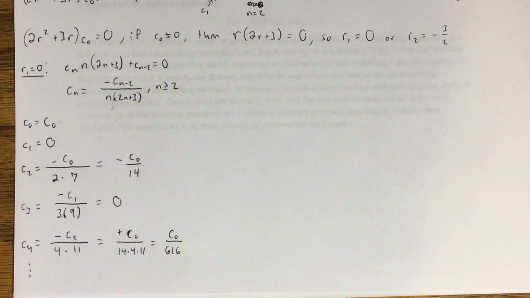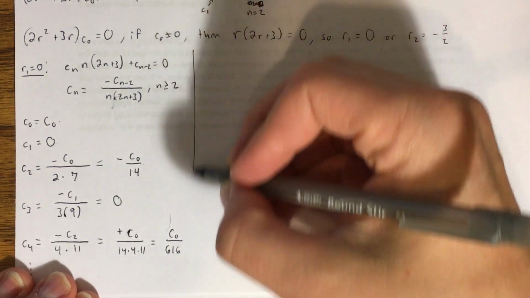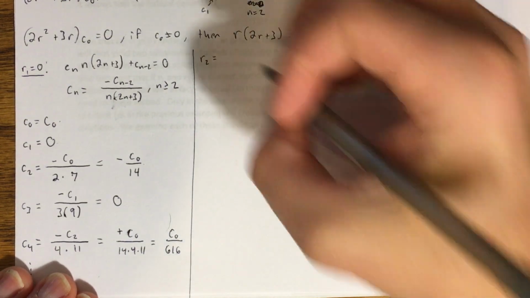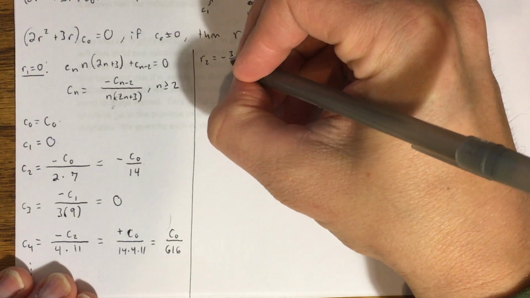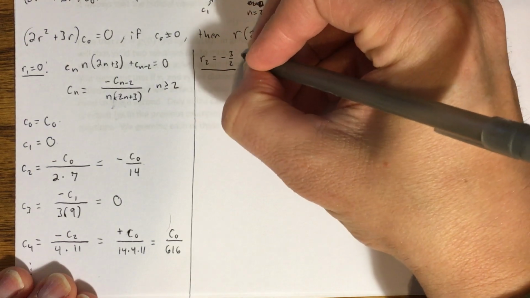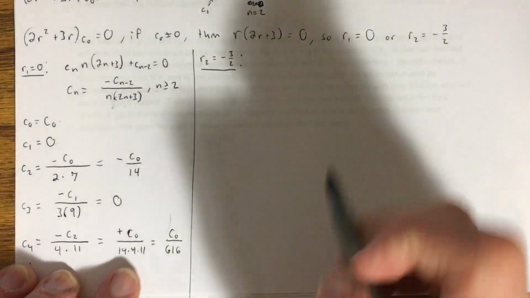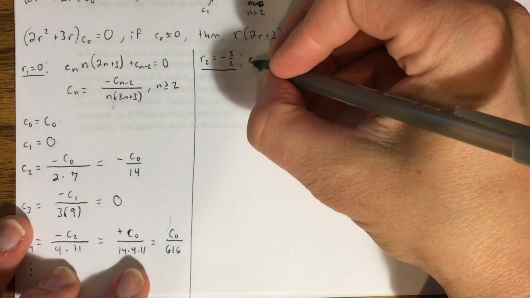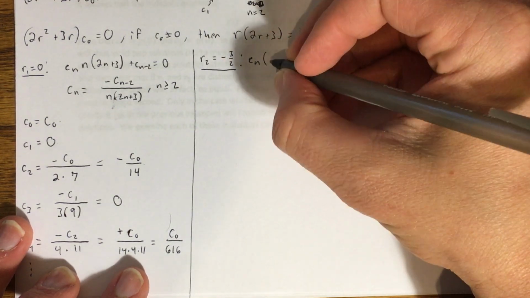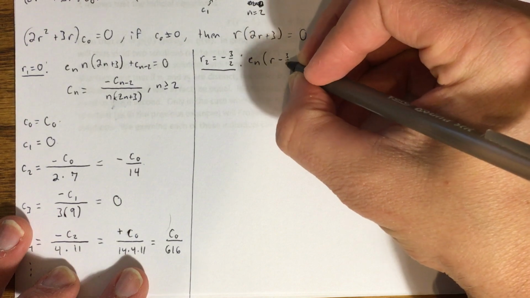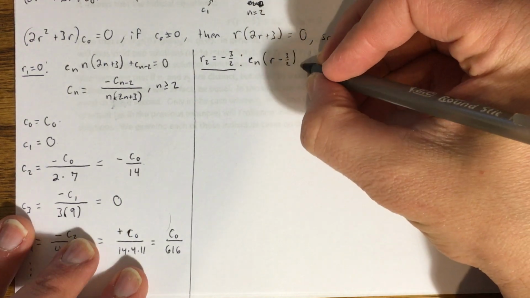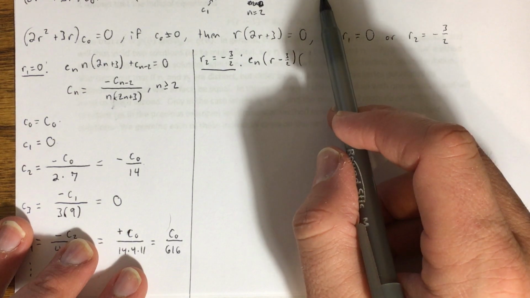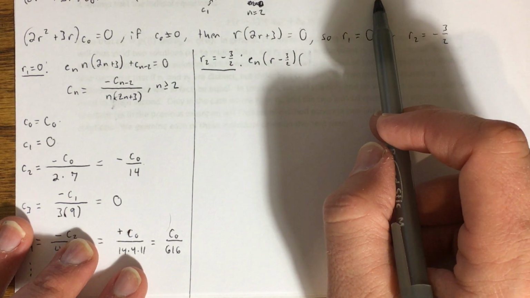Okay, so let's now look at r2, which was equal to negative 3/2. Okay, in that case, if I plug negative 3/2 in for my r's here, I'm going to get Cn times r minus 3/2 times, now this is going to be 2 times negative 3/2, which is negative 3, which will cancel with that positive 3.